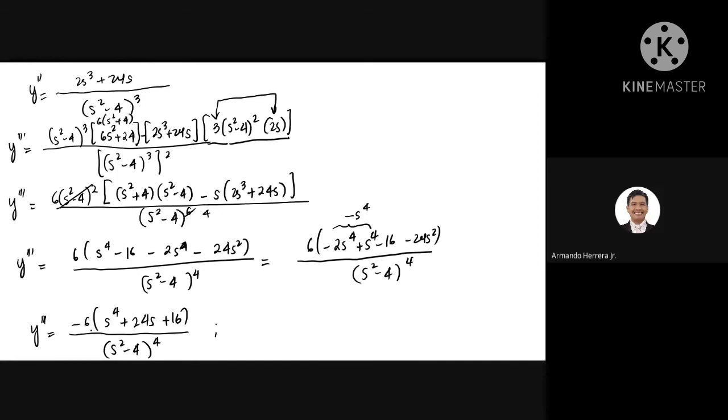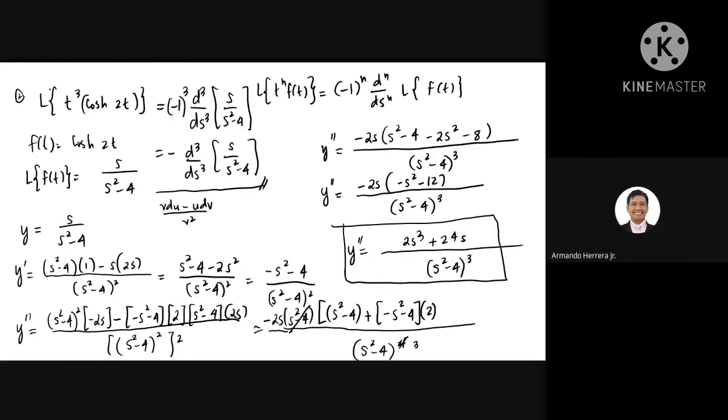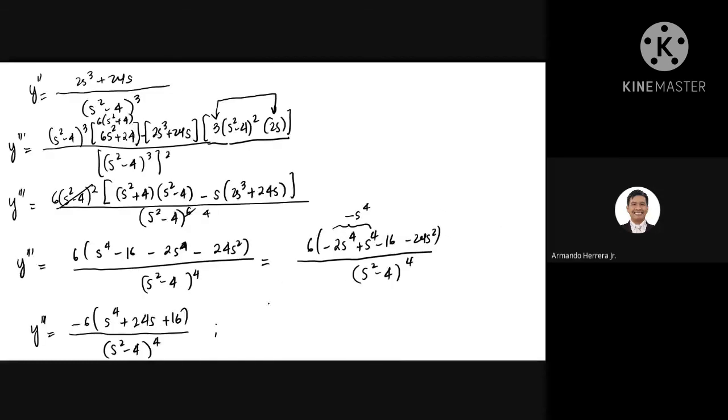Since this is your third derivative, and what we're looking for is the Laplace transform, which is the negative of that third derivative, therefore the Laplace transform of t cubed hyperbolic cosine 2t is the negative of negative 6 times (s to the 4th plus 24s squared plus 16), squared. I forgot that squared. All over (s squared minus 4) to the 4th.